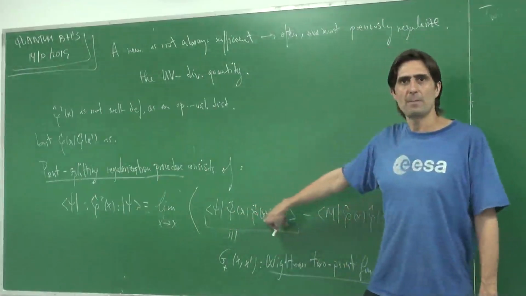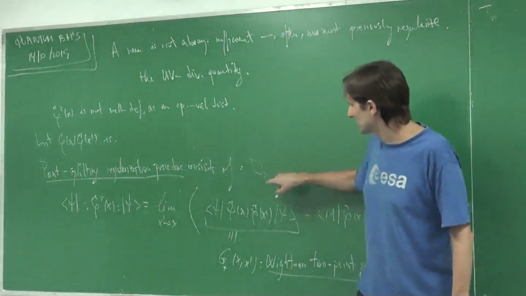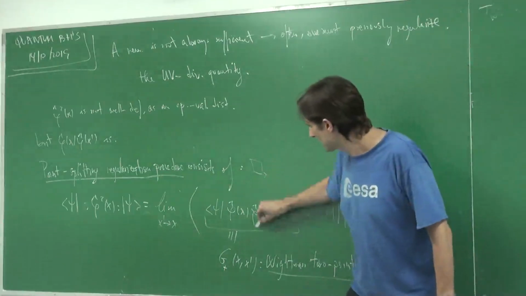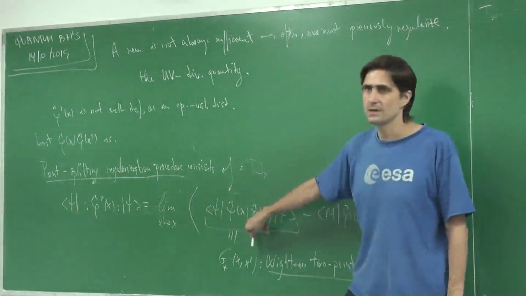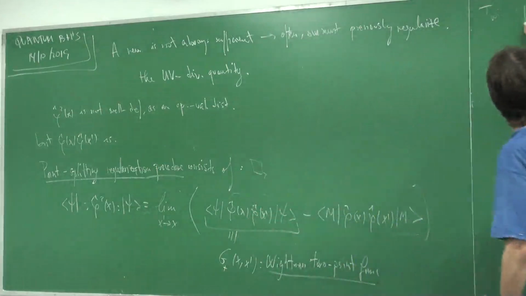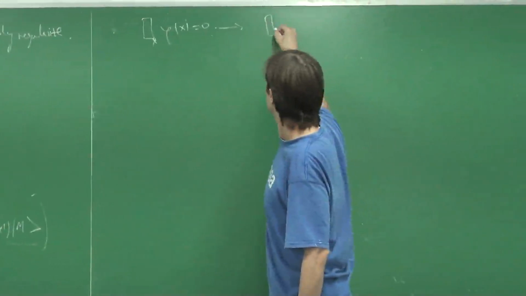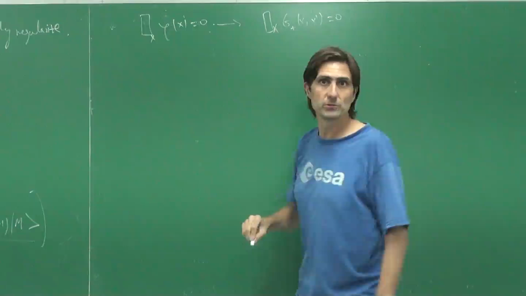If you apply the Klein-Gordon operator at the point x, then the other factor does not depend on x, it only depends on x prime. And so the operator only acts upon this, and this satisfies the homogeneous equation. So it's a homogeneous solution.